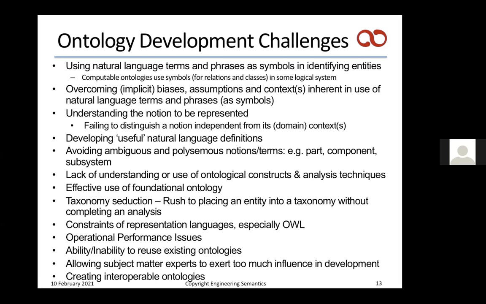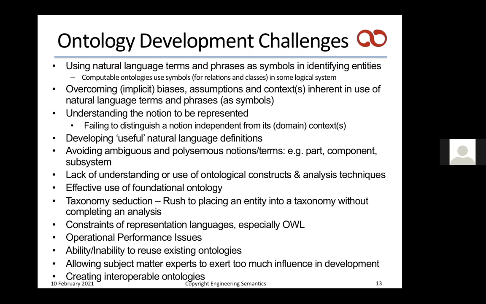So in a first order logic, you have symbols, and then you have the interpretation of those symbols. But for simplicity, or for practicality, the symbols that we use are natural language terms and phrases.